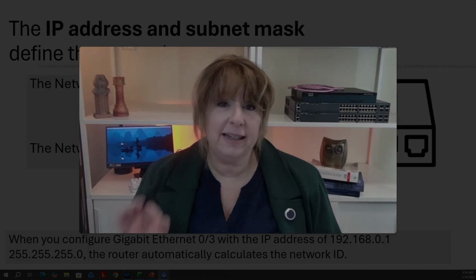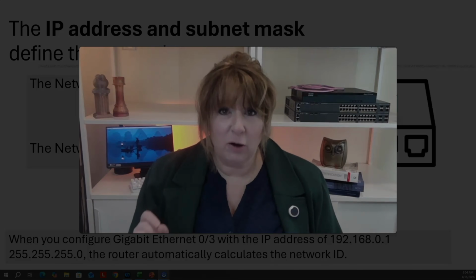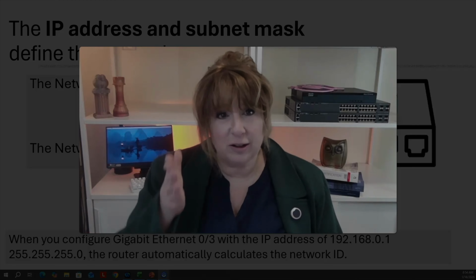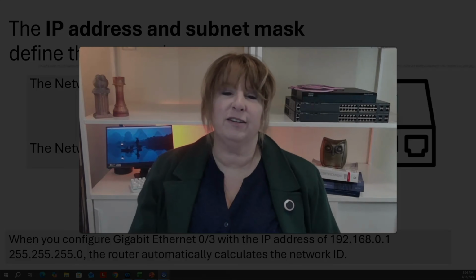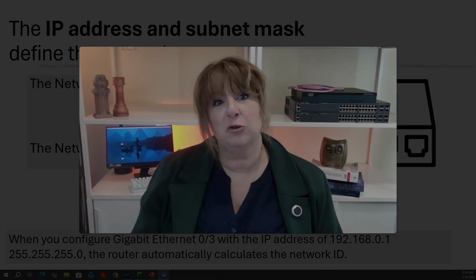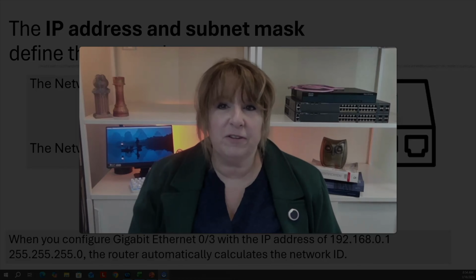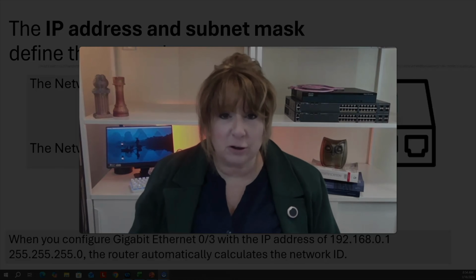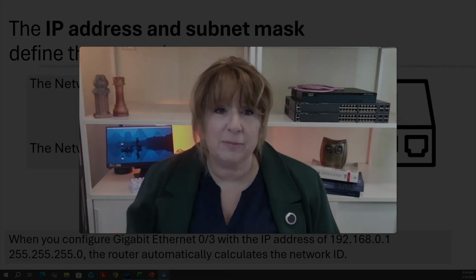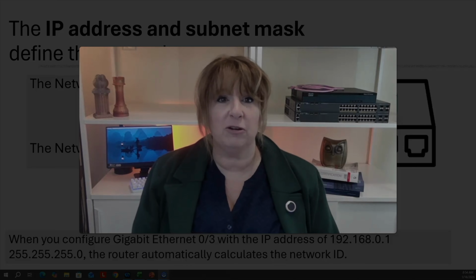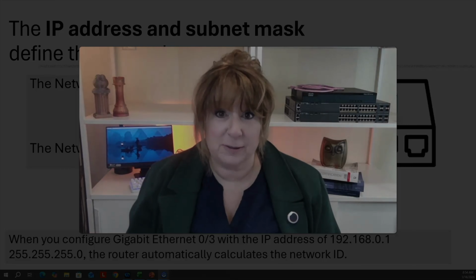The key point is this: the network the router learns about is entirely configured on the interface with the IP address and subnet mask. If you configure the interface with an incorrect IP address or subnet mask, the router will incorrectly calculate the network that interface belongs to.